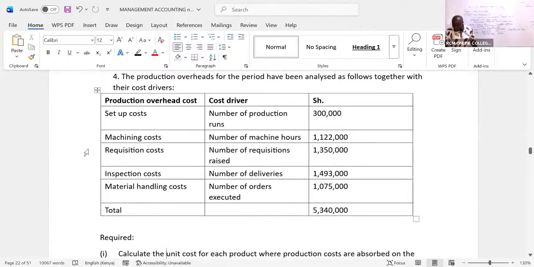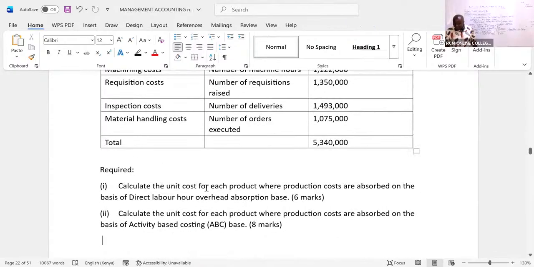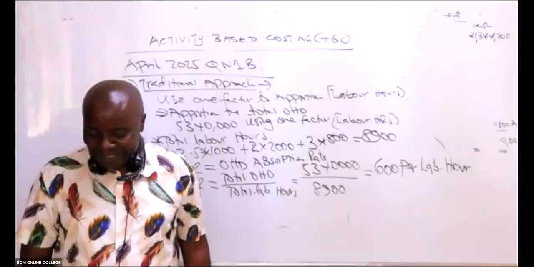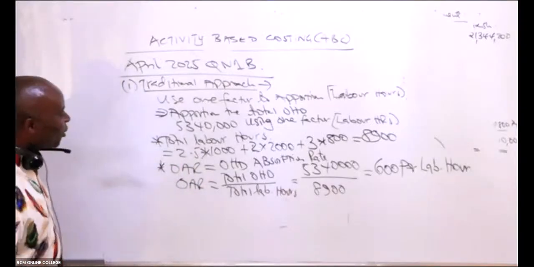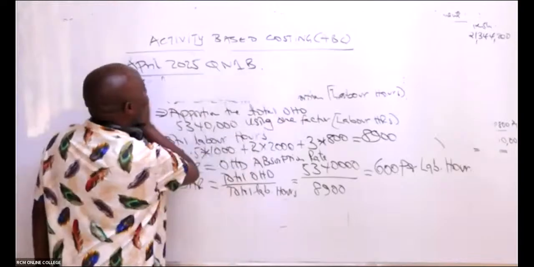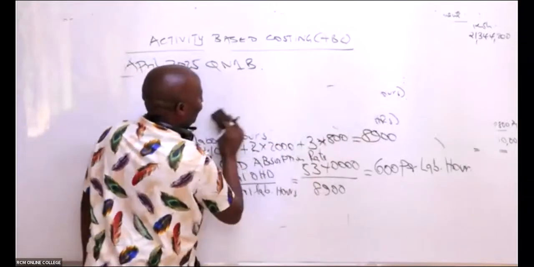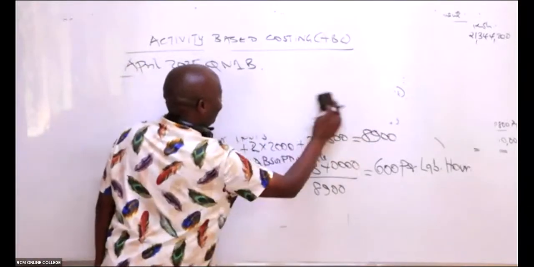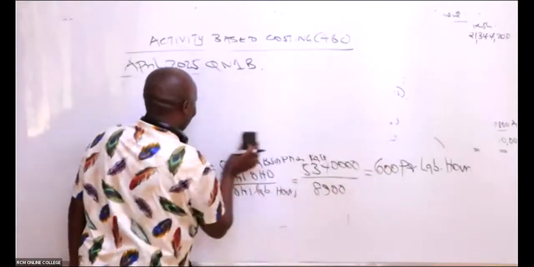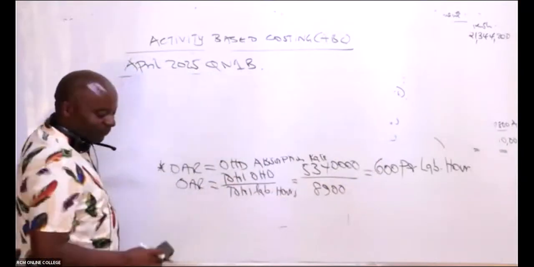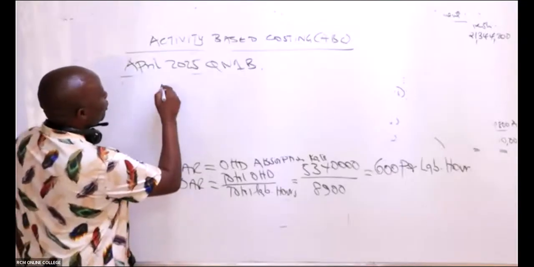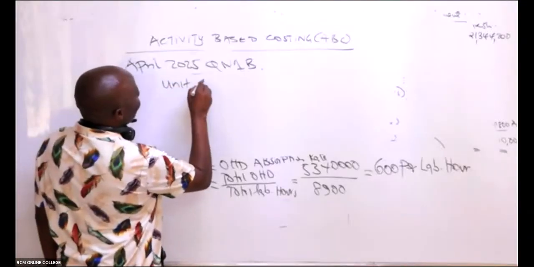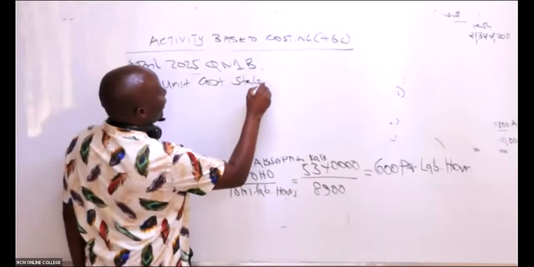So the question here says, calculate the unit cost for each product where production costs are absorbed on the base of direct labor hour. So they want us to give unit costs, a unit cost statement.